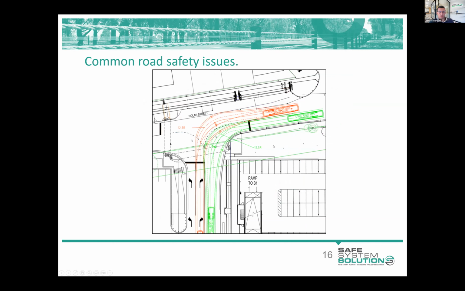If we look at some other movements at the same intersection, when drawn in accordance with guidelines, we see quite an overlap between some movements that would be allowed to occur concurrently.